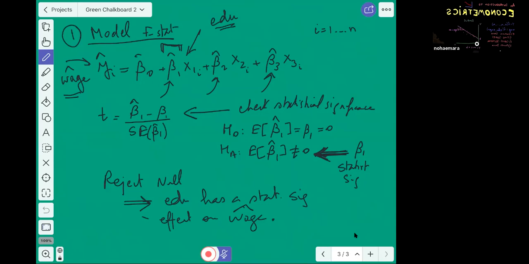And then you have to add this, holding all other factors constant. Because if this is age, if this is experience on the job market, then I want to make sure that I'm talking about just the effect of education on wage, holding constant age and experience.